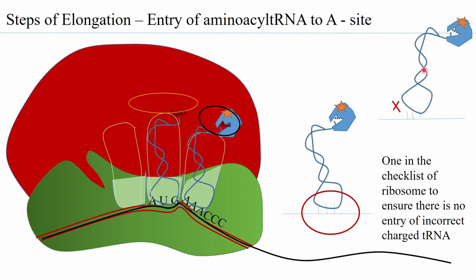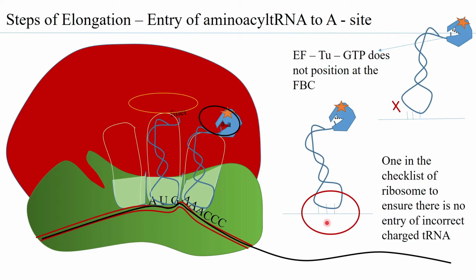So when this interaction is not proper, look at the way the tRNA is not correctly positioned on the A site, and thereby you would have the EF2-GTP not positioned at the FBC. It is side tilted. So it will be outside the FBC, that is the factor binding center. So this is one important fact that the ribosome takes note of.